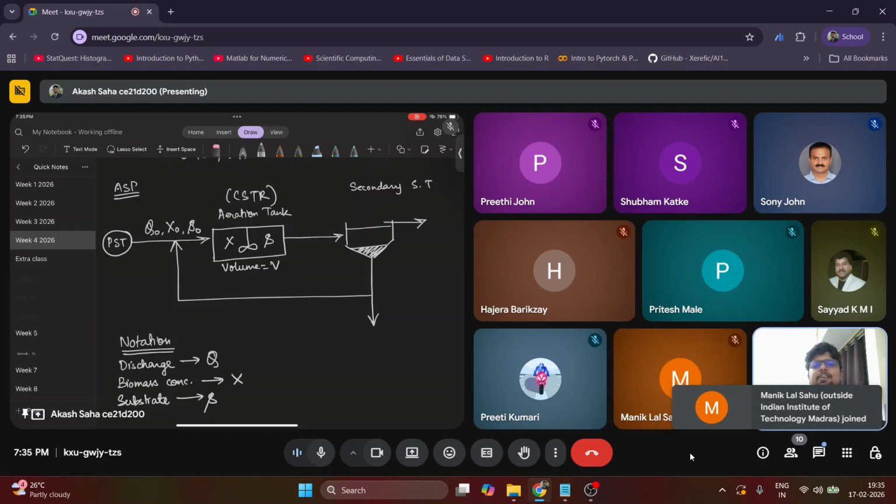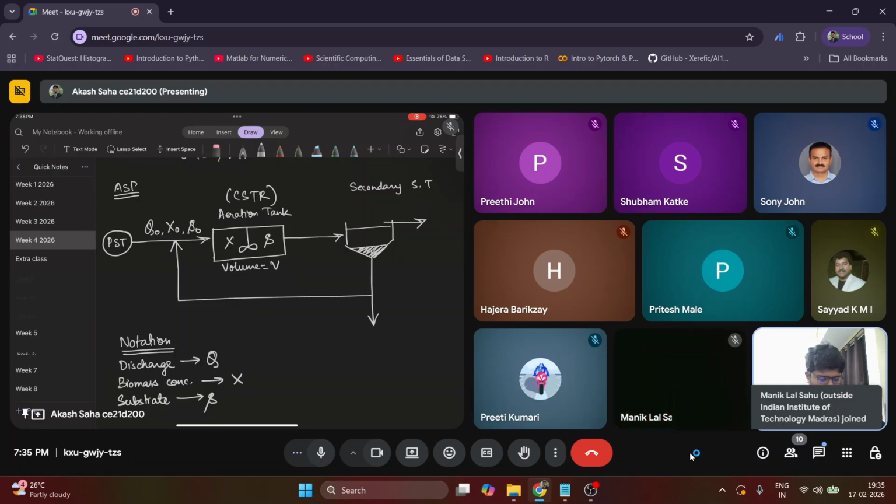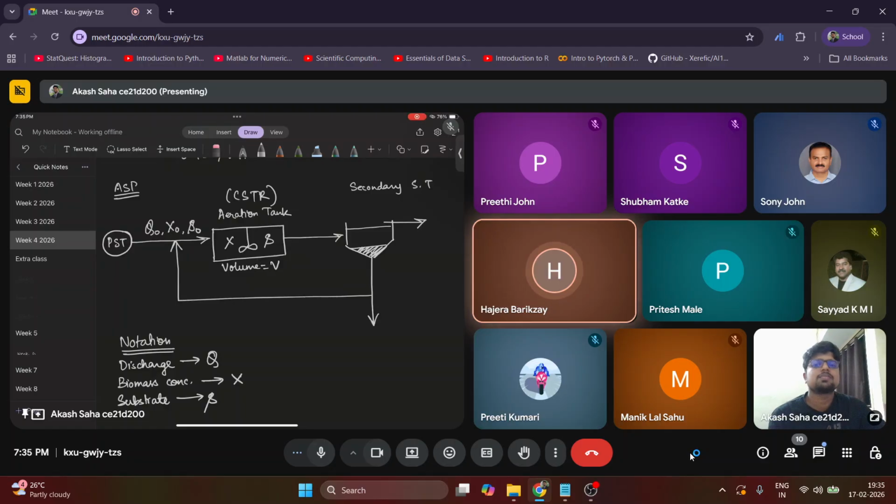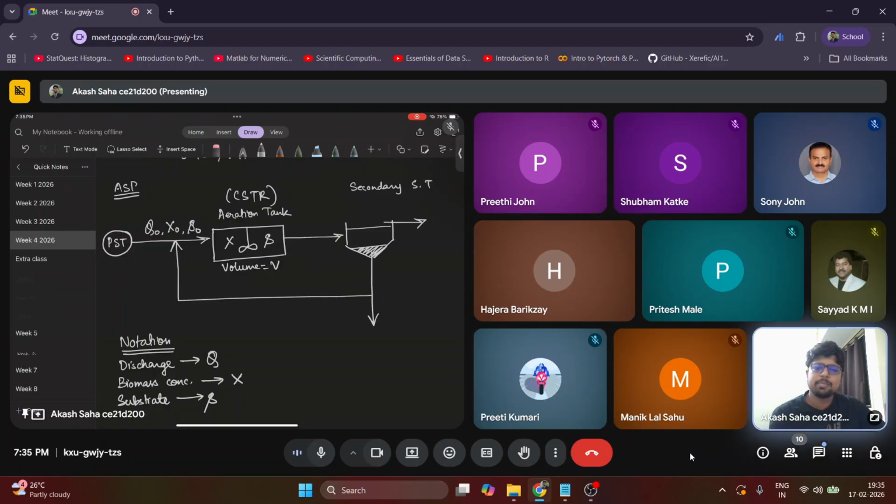So what will be my effluent concentration? It will be the same as it is in the tank. Yes, exactly. So both S and X will come out as they are in the tank. And what will be the flow that will be coming out of the tank?